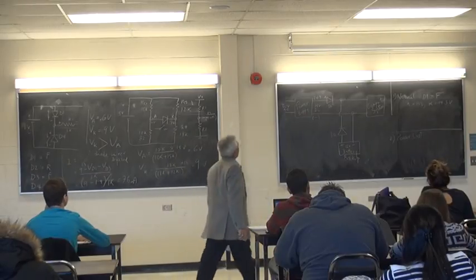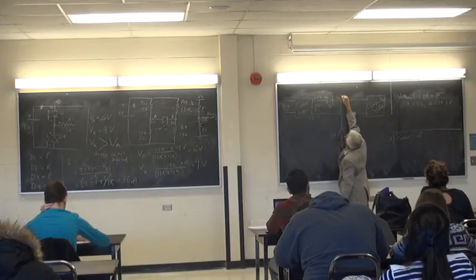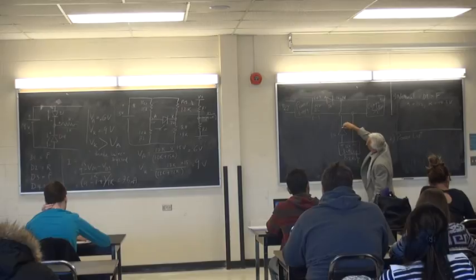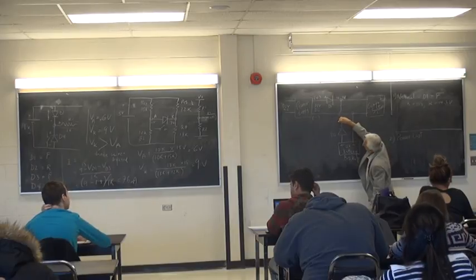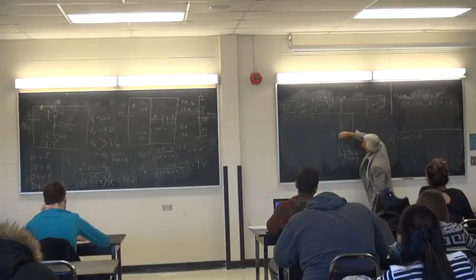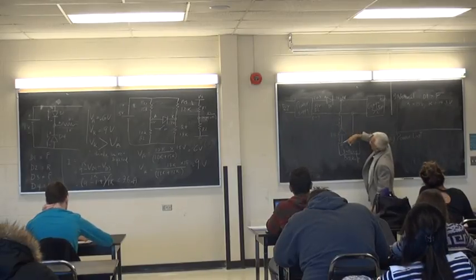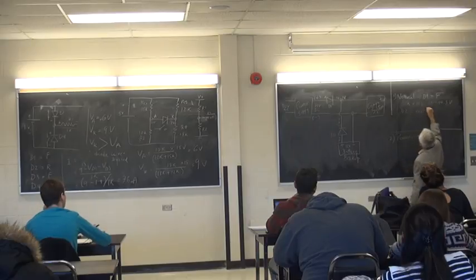With the cathode here at 14.3, that also happens to be the voltage at the cathode of D2. So imagine 14.3 volts present here, 12 volts present here. Is that diode going to be forward biased or reverse biased? Reverse biased. So D2 is reverse biased.